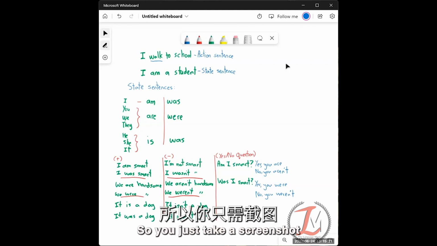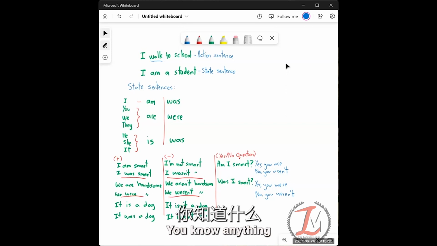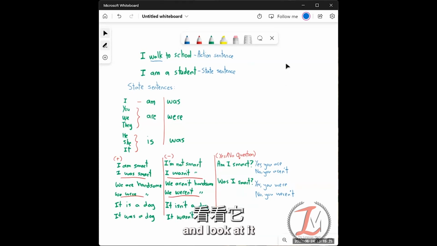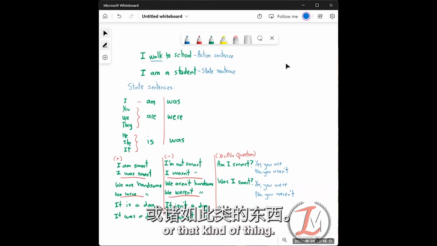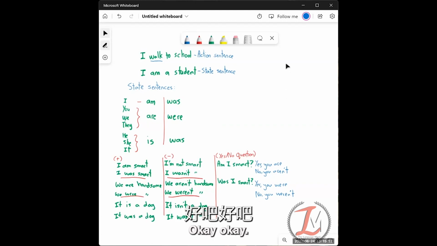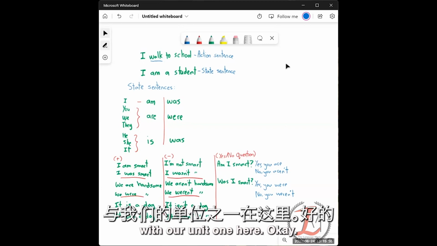Save it in your phone or computer, anything that you have in your hand, so that you can refer to it when you need it, for your revision or that kind of thing. Okay, good. So any questions so far? Okay, good. If there are no questions, then we'll just continue on with our unit 1 here, okay?